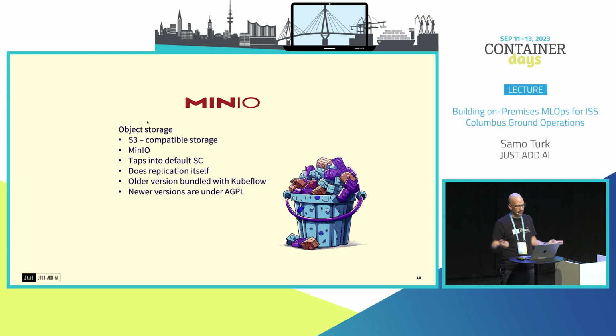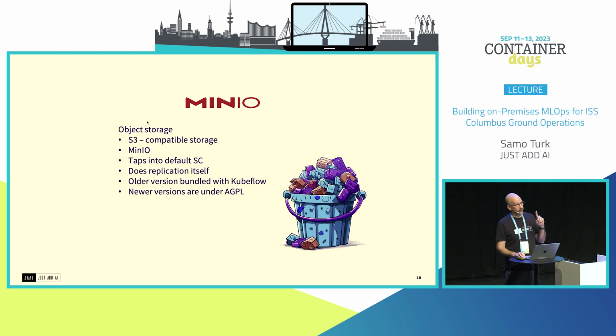But we are fine with the AGPL license anyway, so we integrated the latest version of MinIO with Kubeflow. MinIO then taps into your storage class, in our case either Mayastor or OpenEBS host path, but it can also do replication itself. So it's a fine storage. It also works with all the S3 compatible libraries, so you just point it to your endpoint, and you can use it.